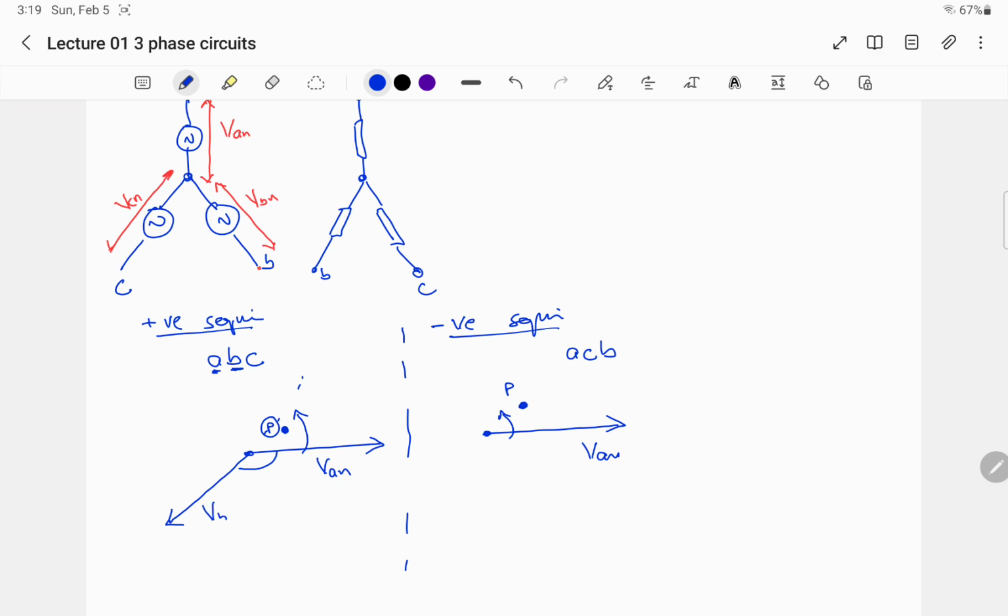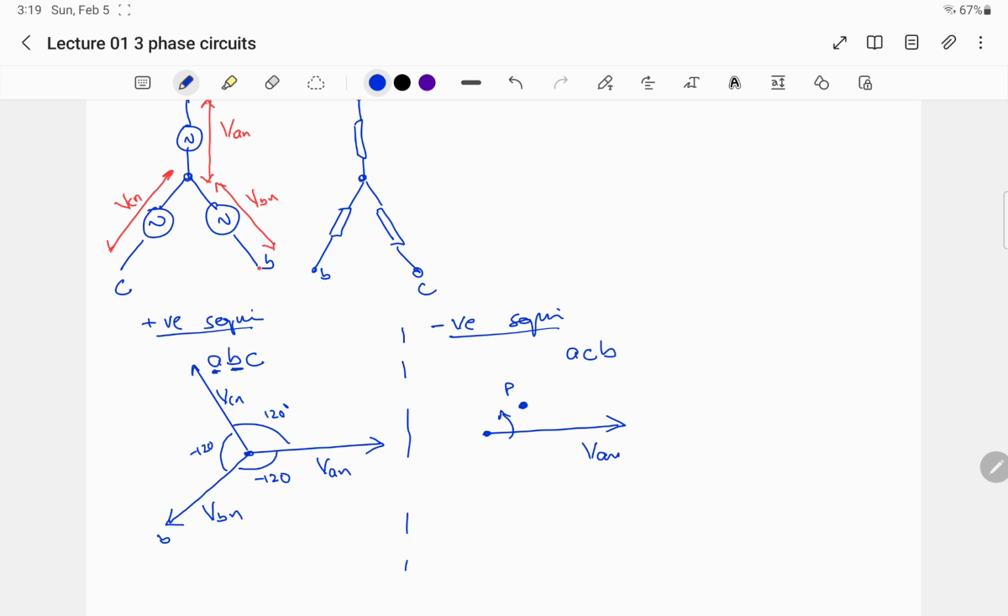So VBN will be from VAN minus 120 degrees, and then we have VCN, and this will be again either minus 240 or plus 120 degrees from VAN.